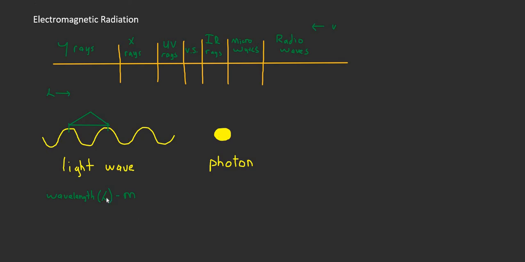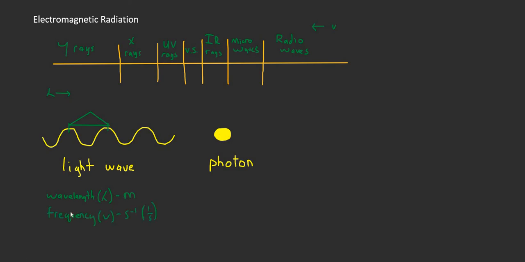So wavelength is represented by the Greek letter lambda, which looks like this symbol here. It looks like an upside down Y, and it's called lambda. And the units associated with wavelength are typically going to be meters.